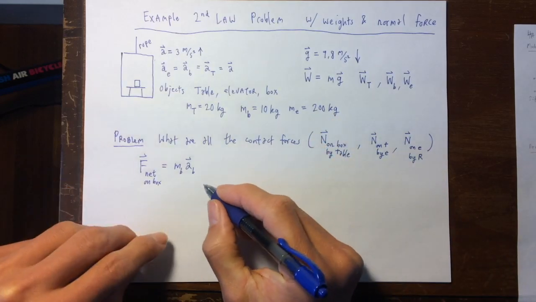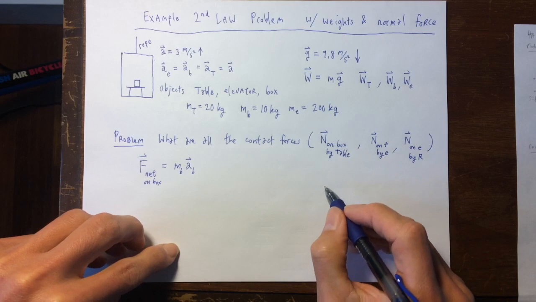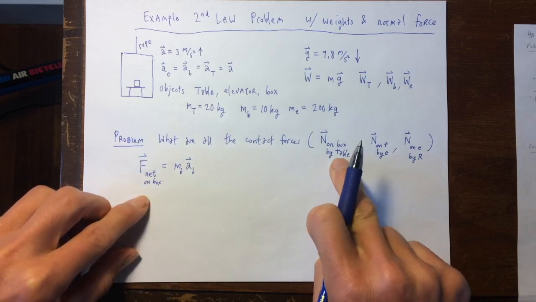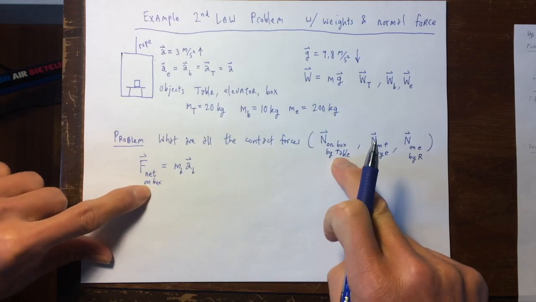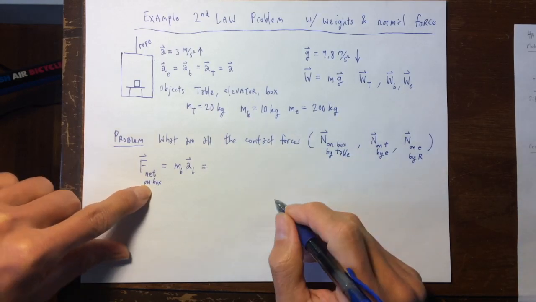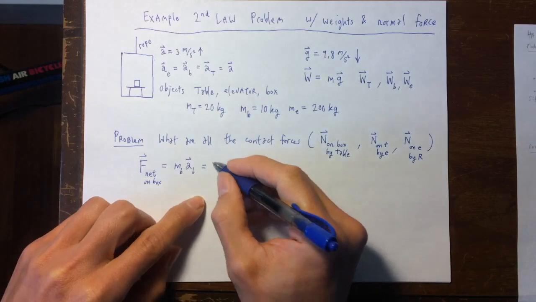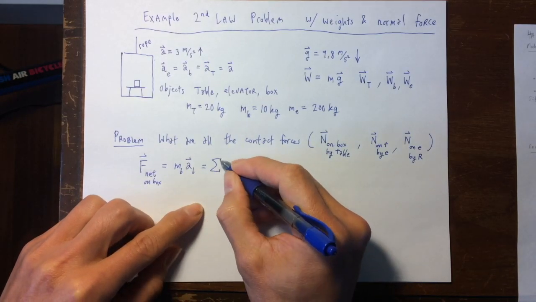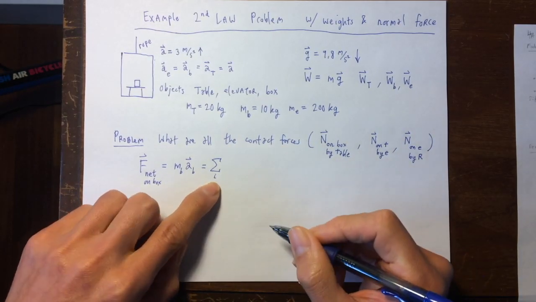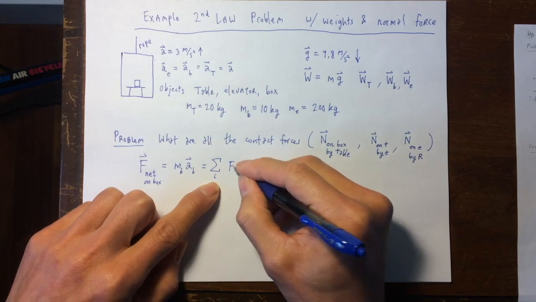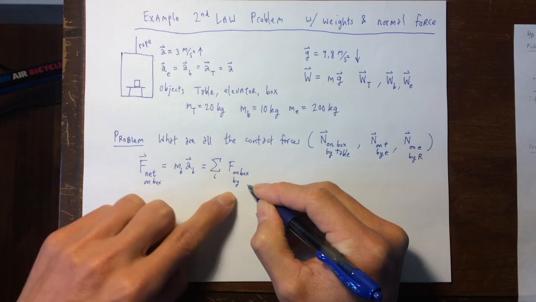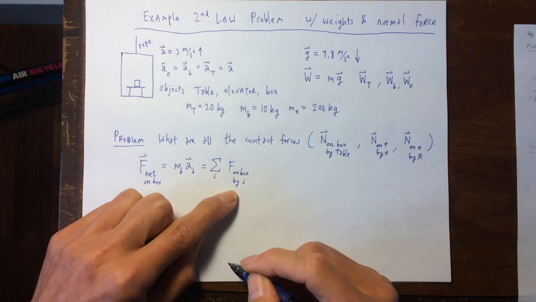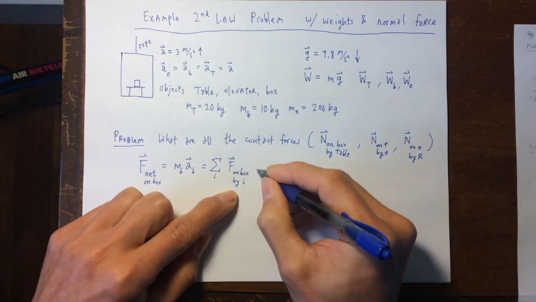All right, so the net force on the box by the table. This is one of the forces that comprises the net force on the box. The net force on the box is just the sum over all of the interactions that act on the box because of other objects, and these are all forces.